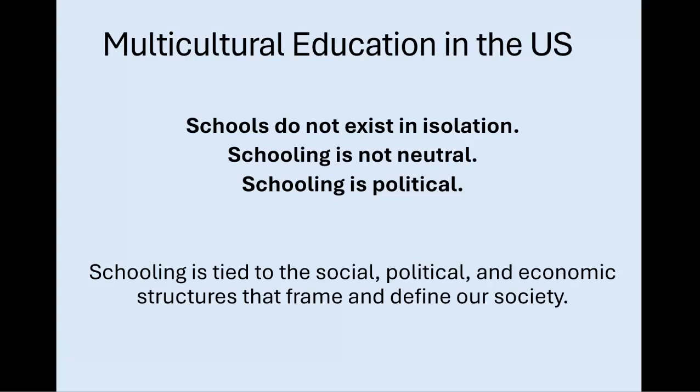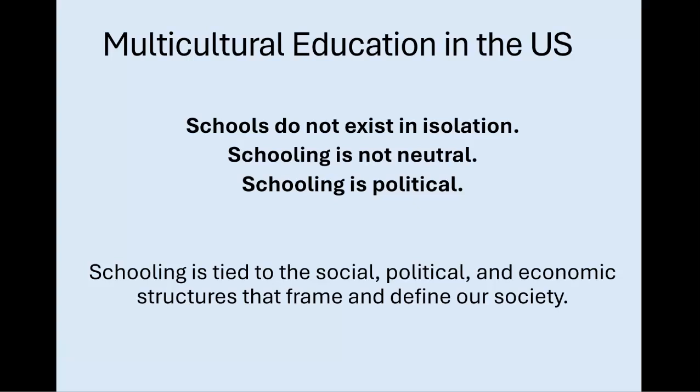Some people might argue with me that schooling is not neutral and that schooling is political, or would maybe like to think that the opposite is true. But if we look at how schools are funded, side note, if you don't know that, it's through property taxes in most places. It's inherently tied to policy.